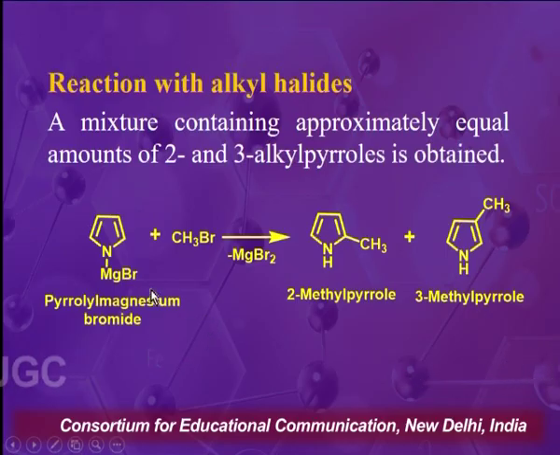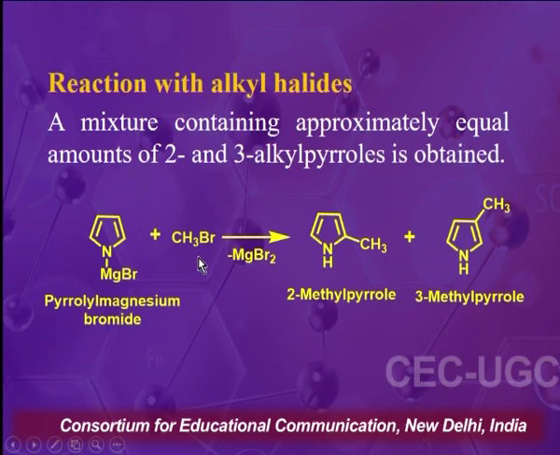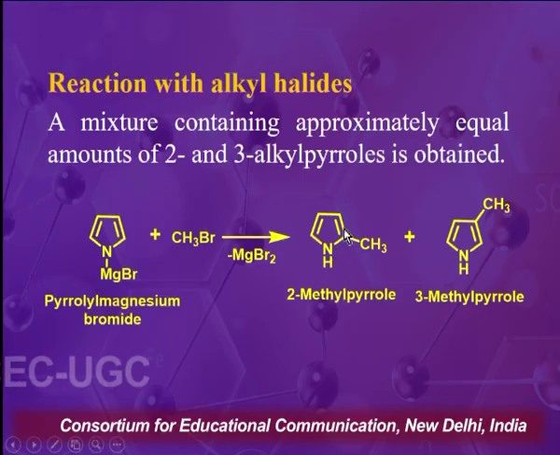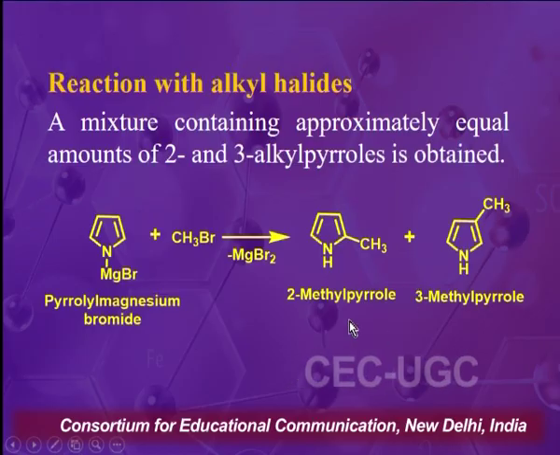So when we do the reaction with pyrrole magnesium bromide in presence of methyl bromide, the methylation will take place at C2 position and C3 position. So in this way we will get a mixture of products.